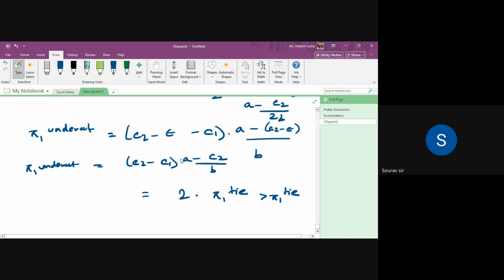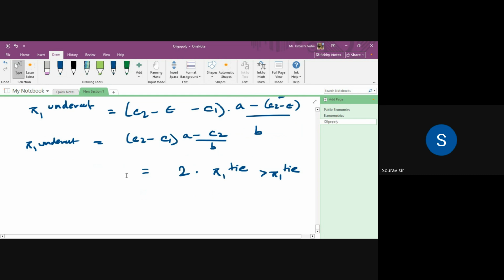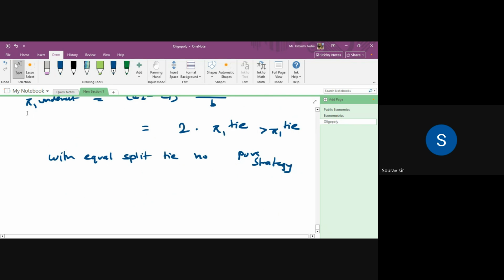So conclusion is what? That with equal split tie, there is no pure strategy Nash equilibrium. Okay. So the limit outcome is what? Just clearly let us write it down. This we will explore more. I will be doing Nash equilibrium, pure strategy, mixed strategy for game theory.